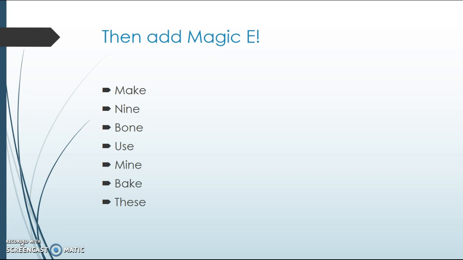So this is students' first exposure to long vowel sounds with a very predictable pattern, the use of that magic E. So we take mak, M-A-K, which isn't actually a word, and add an E, and we have make, which is a word that students are going to be pretty familiar with. Nine from nin, bone from bon, and so on.